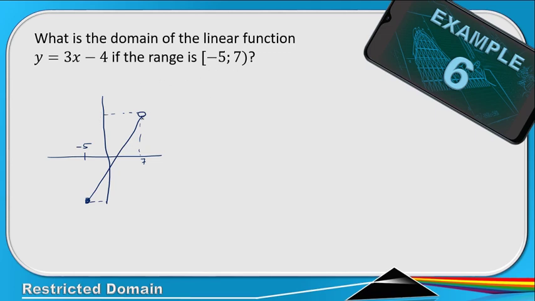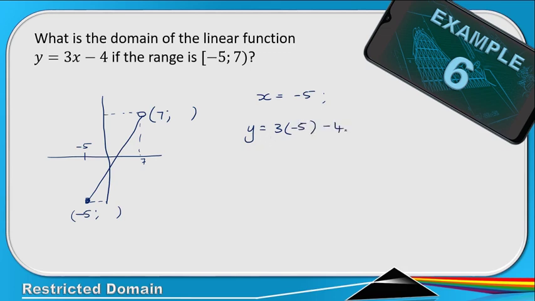And to find the y values, if our x value for this one, for example, is 7, to find our y value there, we're basically going to substitute our x value into our equation and find the y value, and we're going to do the same here for this -5. So we can start off and say, okay, if x is equal to -5, what is my y value? y is equal to 3 times -5 minus 4.